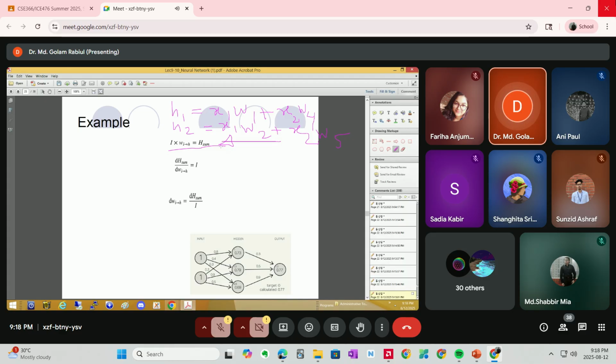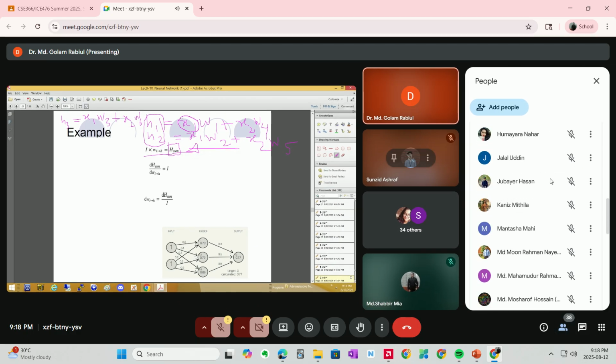And also we know that H3 equals X1 W3 plus X2 W6. We have already done this. So these are H1, H2, H3. Those are our hidden sums. And how we have calculated those hidden sums?